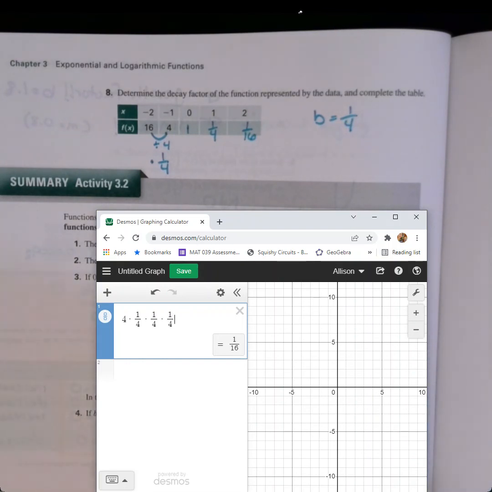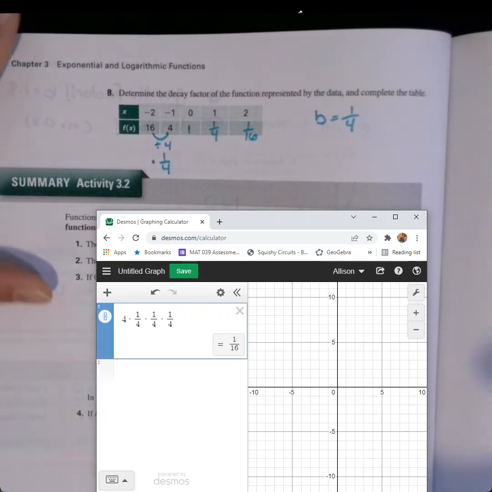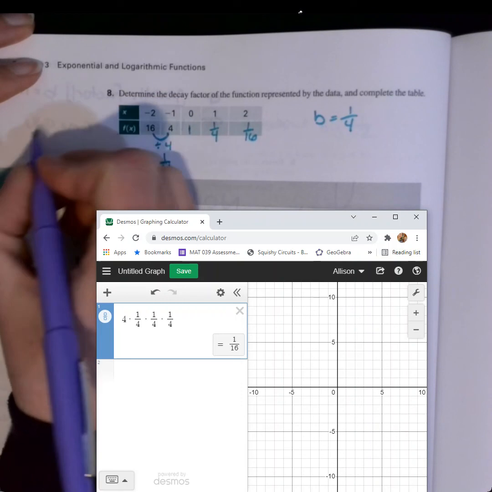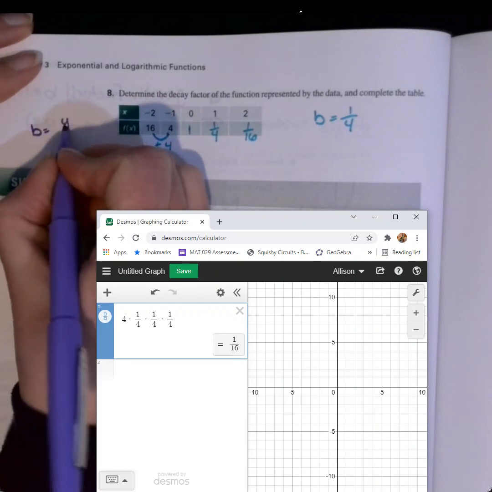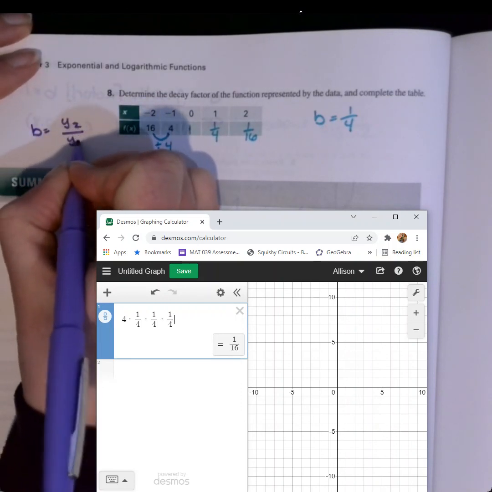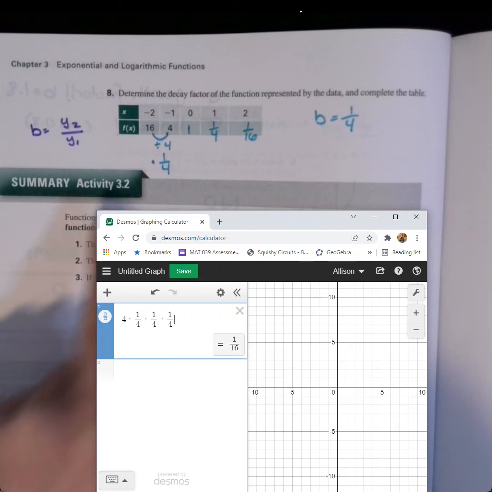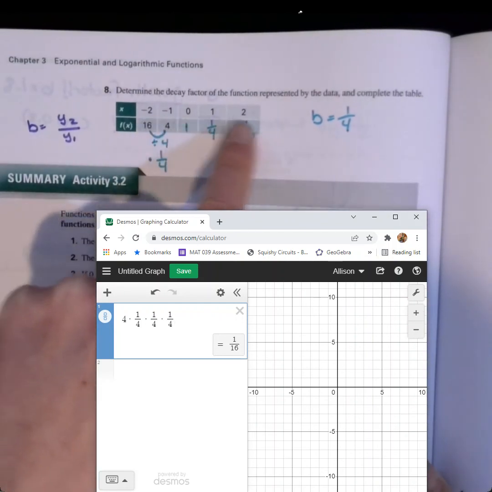One more thing before I add on to the next section here is that I had hinted that one of the ways to compute the base was by taking y2 divided by y1. You do have to be careful with this because it only works if your inputs are consecutive. My inputs here are consecutive, increasing by 1.